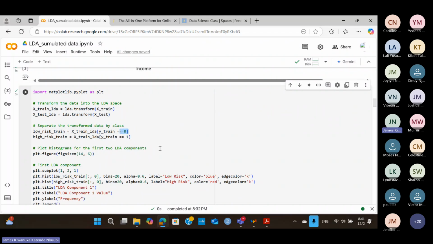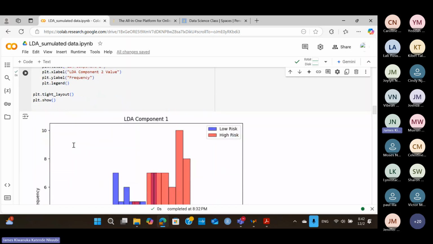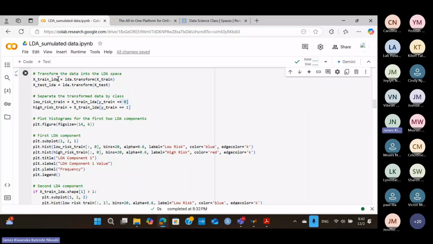Then I extract the components and plot them after transforming. You can print this to see what it looks like after transforming. This will give you transformed data.